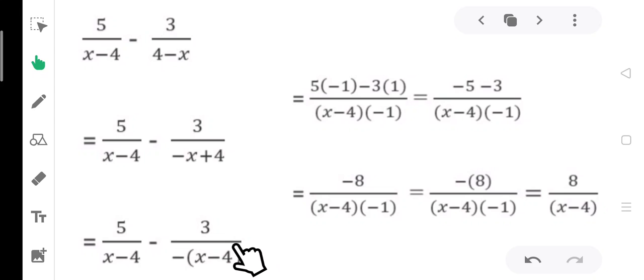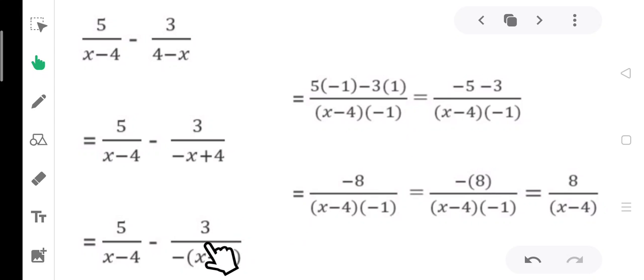So for the LCD, we are going to write the denominator of the first rational expression, so we have x minus 4. And then for the second rational expression, we are going to copy the factors of the denominator, so we have negative 1.